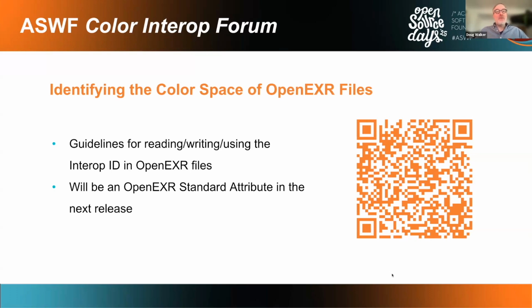And we've got a second Google Doc here, and this QR code will take you to that one. And this is specifically for the guidance for what we're proposing for OpenEXR files. So as you know, OpenEXR has for a long time had a chromaticities attribute to communicate color space. We've found that it's just kind of not a reliable mechanism.